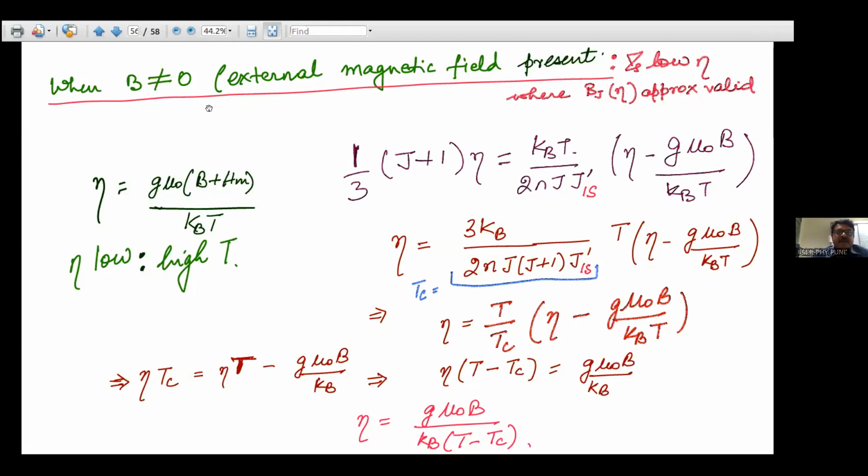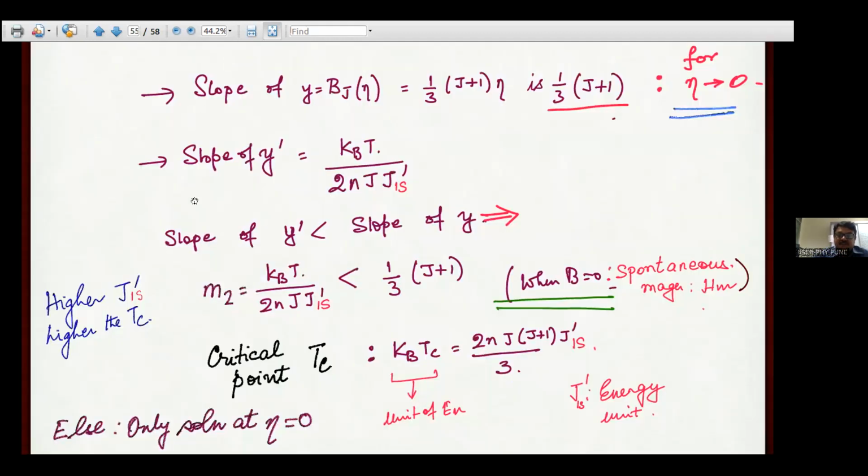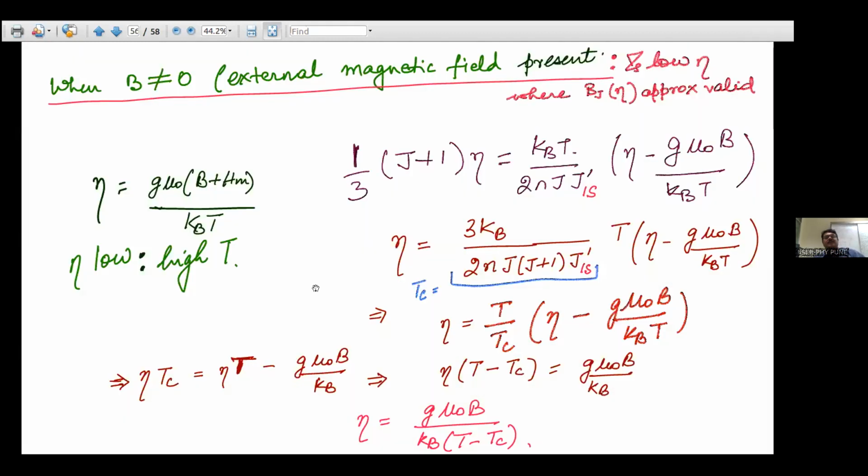So this was when there was no external magnetic field present, right? Now, if an external magnetic field B is present, then you would have this extra term as well, right? And eta now would be this relationship.